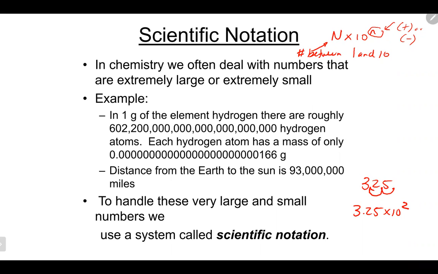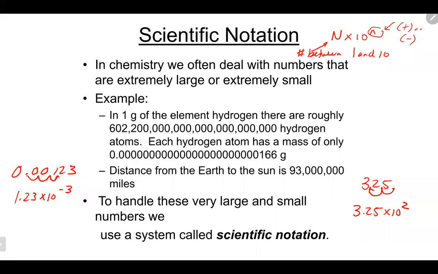If I only move the decimal point one place to the left, I would be at 32.5, which is clearly not a number between 1 and 10. So that is why we had to go even further. If you have 0.00123, we would go one place, two places, and three places, which gives us a number of 1.23 times 10 to the minus 3.